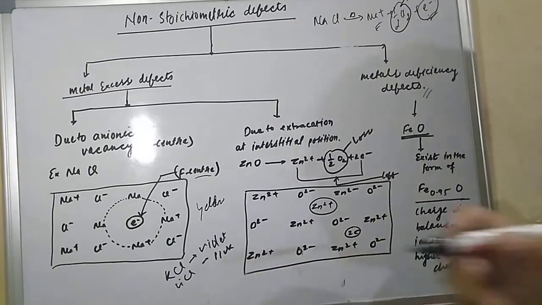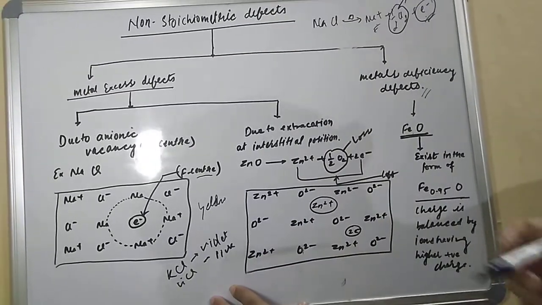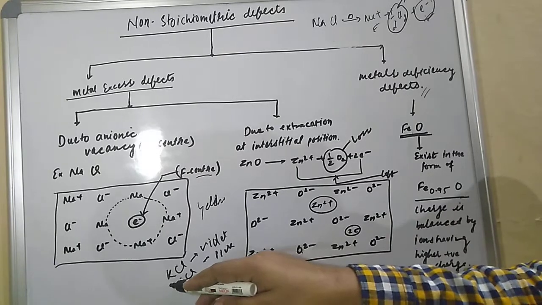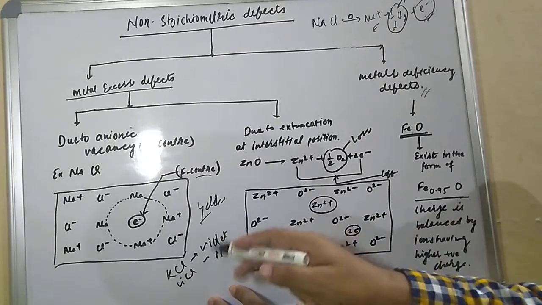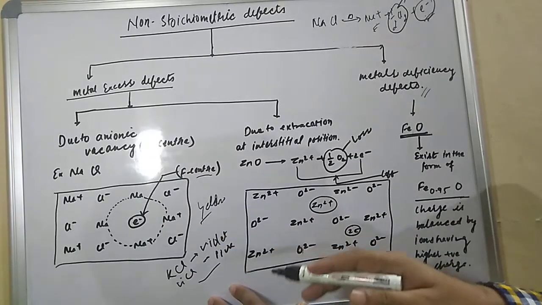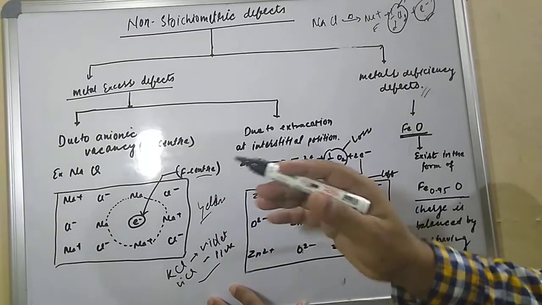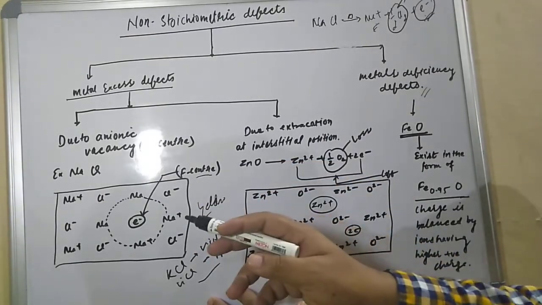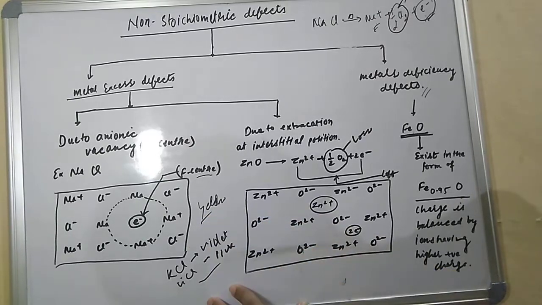So these are the group 1 metal halides: KCl violet, NaCl yellow, and LiCl pink color. Why? Due to the presence of F center. F center is nothing but the excess of electrons in the lattice site.